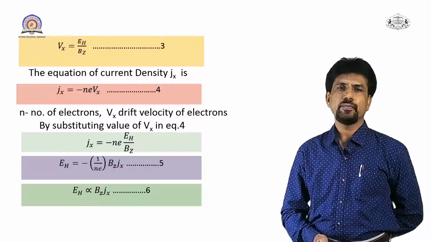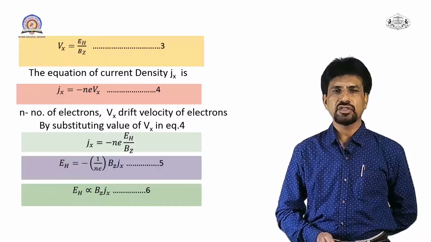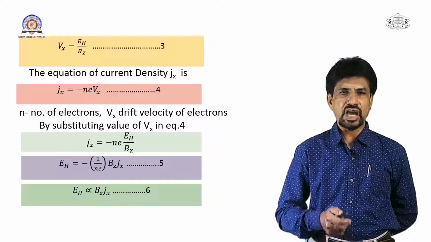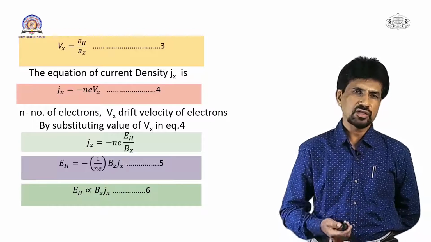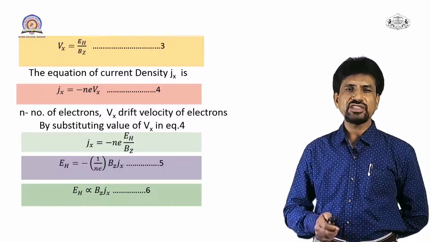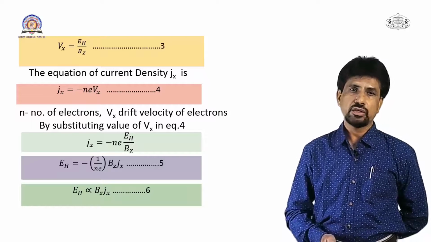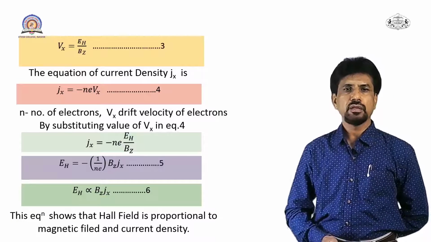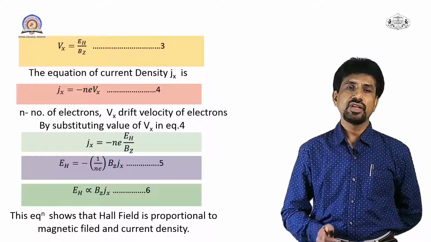In this case, the ratio 1 divided by N e is a constant, because the number of electrons in the conductor and the charge on the electron are constant. So we can write equation number 5 as E_H is directly proportional to Bz into Jx. This equation shows that the Hall field is proportional to the magnetic field and the current density.